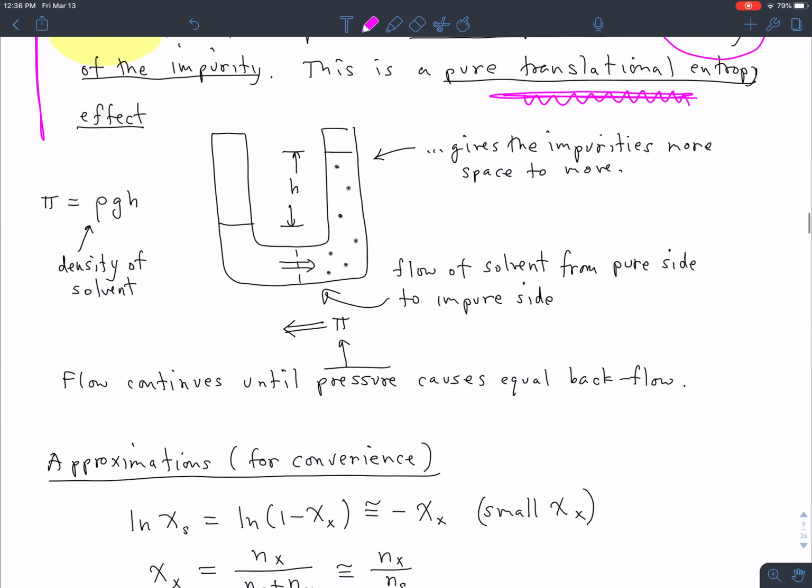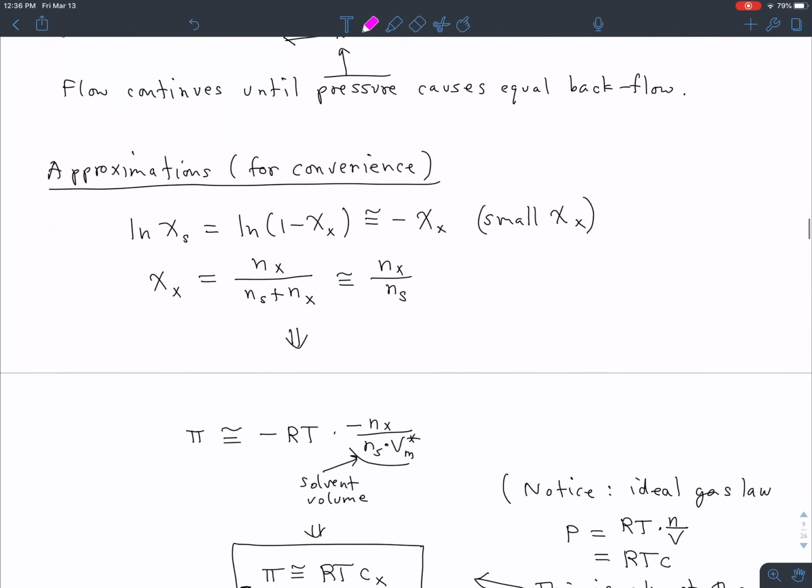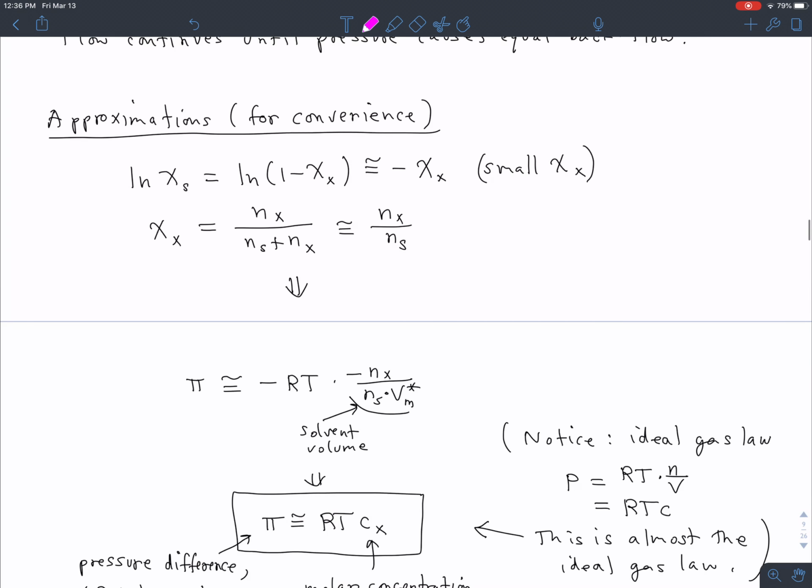All right, I'll come back to this in a minute. This is calculating the pressure difference caused by the height. So if you actually experimentally measure the height, you can calculate what that osmotic pressure difference is, and that's useful. Let's go back to the approximation. This log of the mole fraction for the solvent is equal to the log of 1 minus the mole fraction for the impurity.